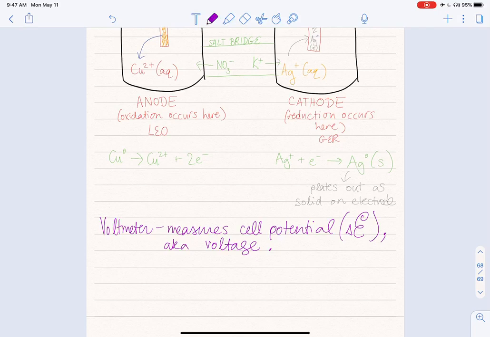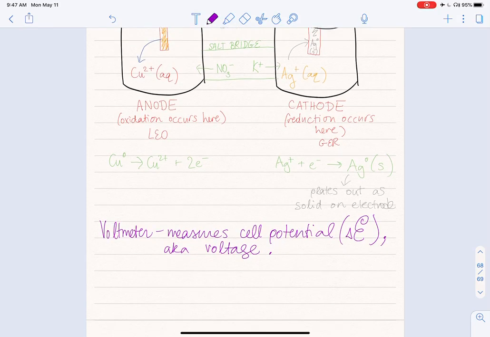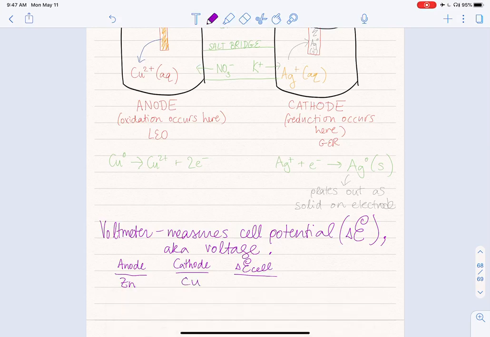And it's important to note that a voltaic cell or a battery is going to have a different voltage depending on the materials that are used to make it. So, for example, let me give you a couple of examples of different anodes and cathodes and the measured cell potential of each one of these. If we use zinc as our anode and copper as our cathode, you get a measured cell potential of 0.950 volts.